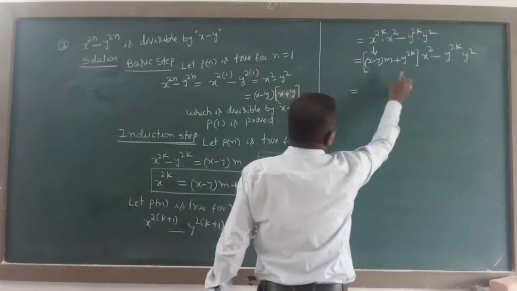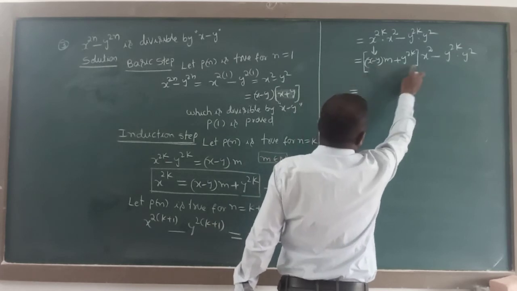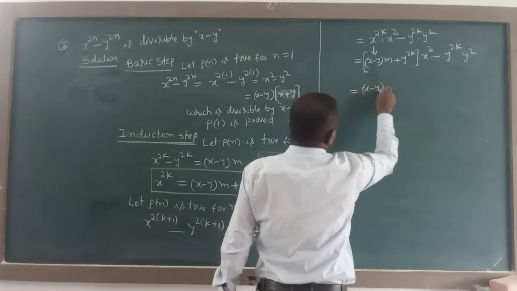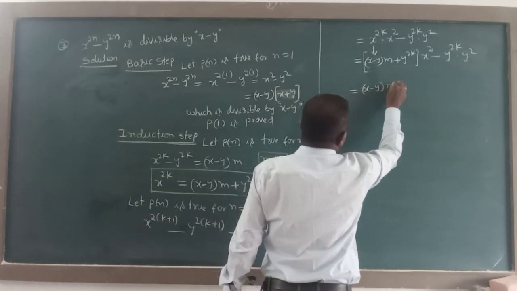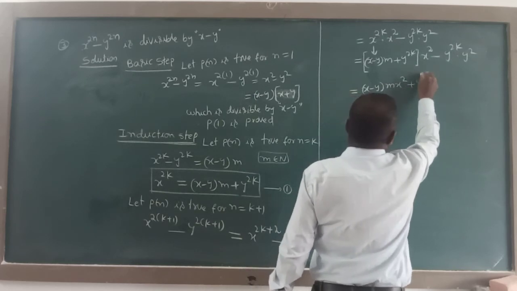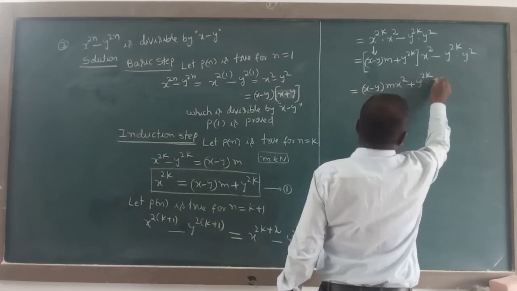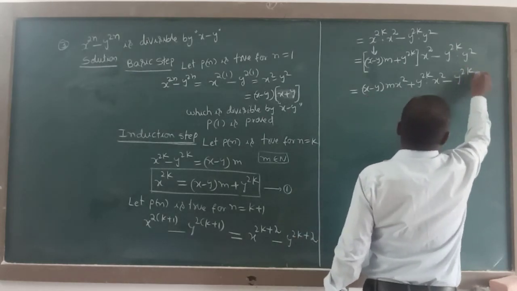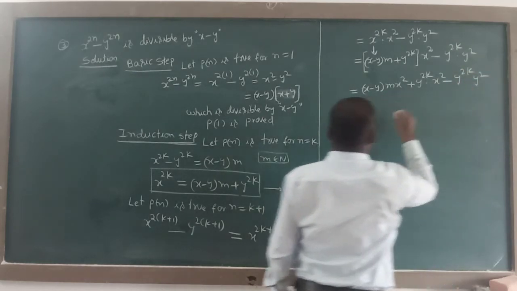Multiplying these two terms with x square gives x minus y into m into x square plus y power 2k into x square minus y power 2k into y square.